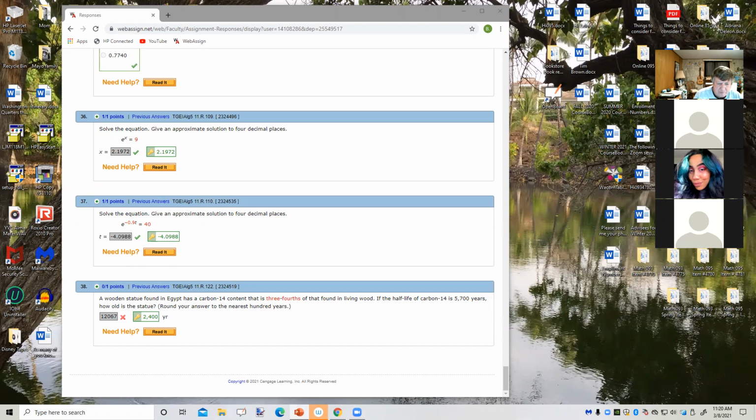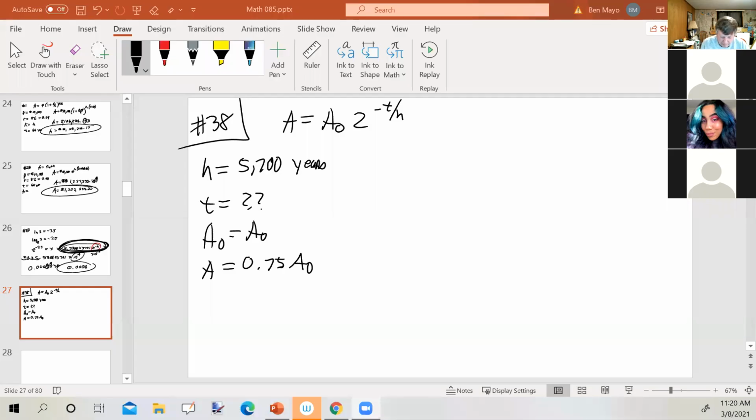It is 3/4 of that that's living. So we don't know the starting amount, that's A sub 0, but the ending amount, A, is 0.75 of the starting amount. It is 3/4 or 75% of the starting amount. So that gives us this information.